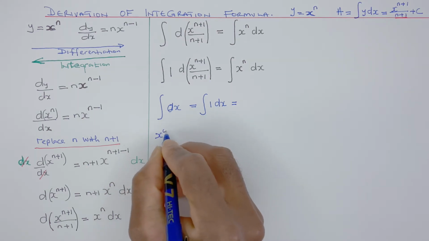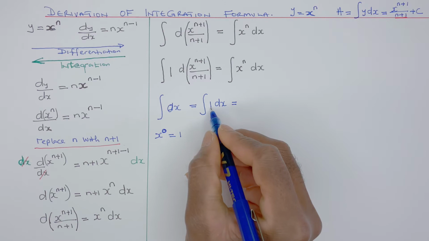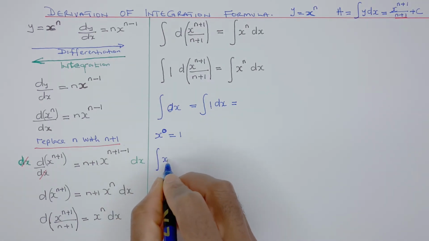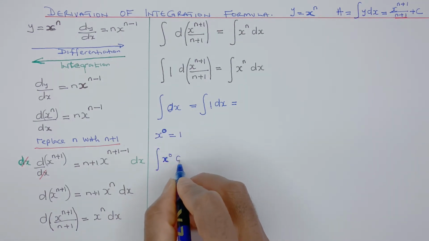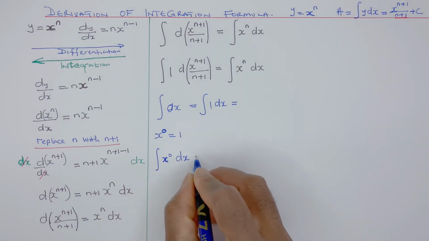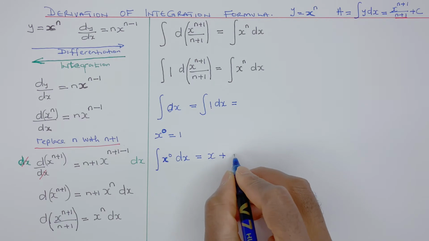Remember, x to the power of 0 equals 1. So I can replace that with x to the power of 0. So I get integral x to the power of 0 dx.